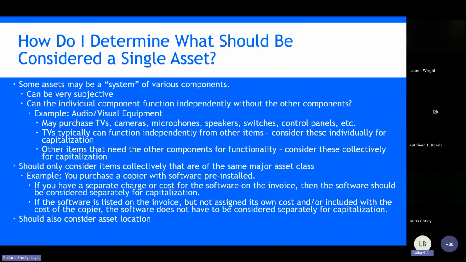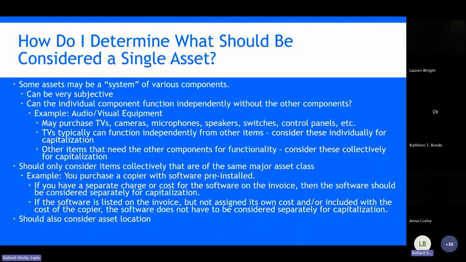Oh, okay. Items purchased in groups. If you purchase something in a group, now I am going to get to, in a few minutes, a slide talking about how to determine what's a single asset. But there are cases where if you purchase something in a group and the total cost exceeds $1 million, this is something that was implemented actually last year, you would contact us and we would let you know how to handle that.